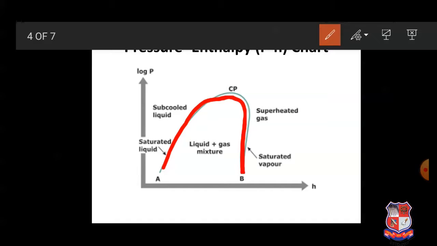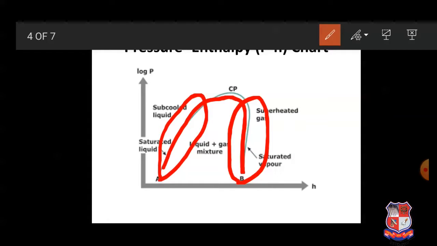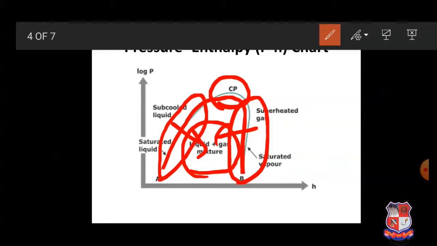Now we can say that the A part is called the saturated liquid refrigerant and the B part is called the saturated vapor refrigerant. Whenever the saturated liquid and saturated vapor merge at one point, that point is called the critical point. The space between the saturated vapor and saturated liquid is called the wet region, where both liquid and vapor are present.